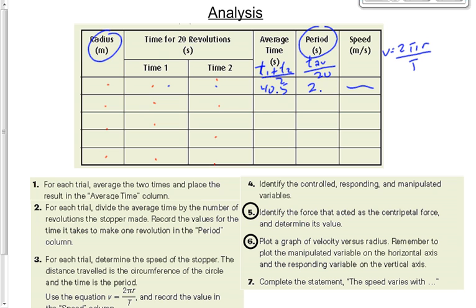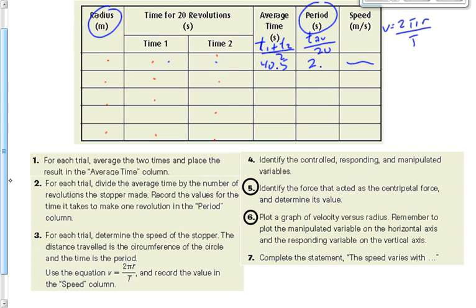So get a number for that. What are you going to plot for your graph? Notice most of these questions we've already done. Find the average time. Well, you don't need to answer this question separately because you've already done it within your table, right?